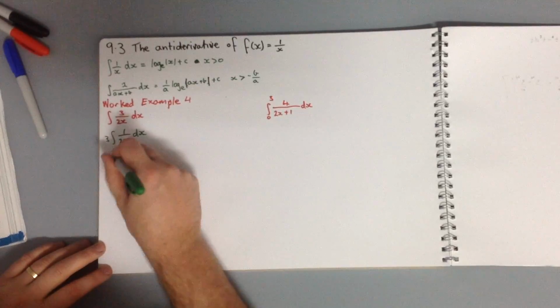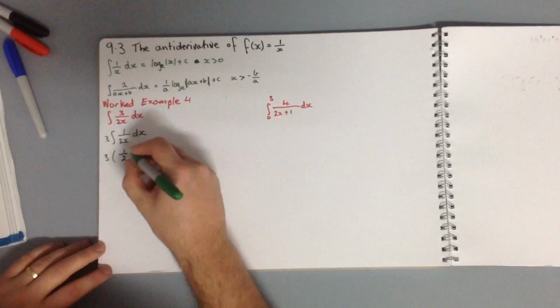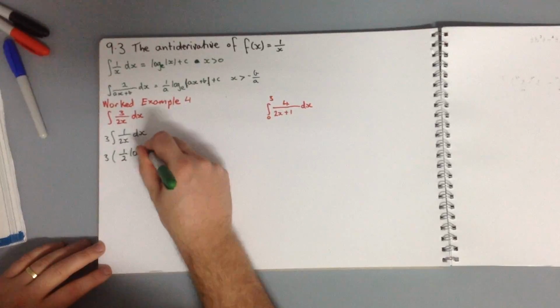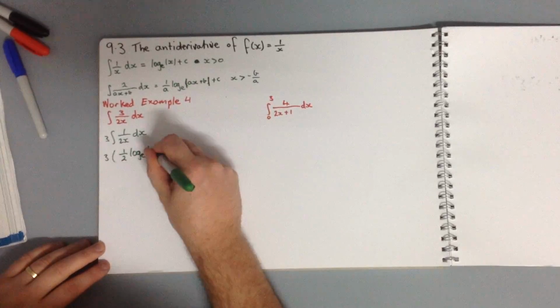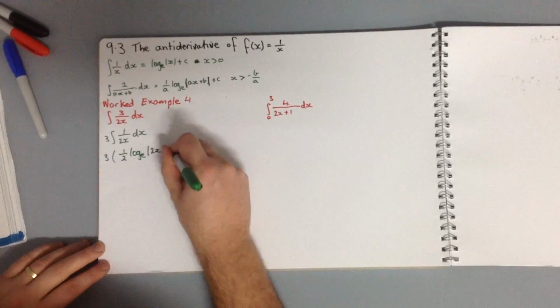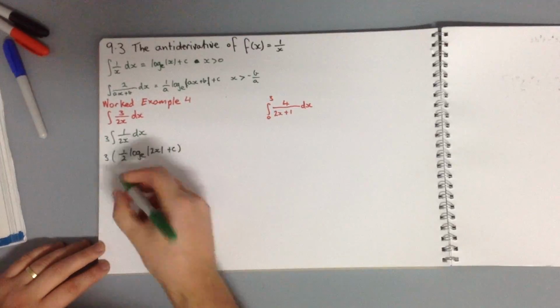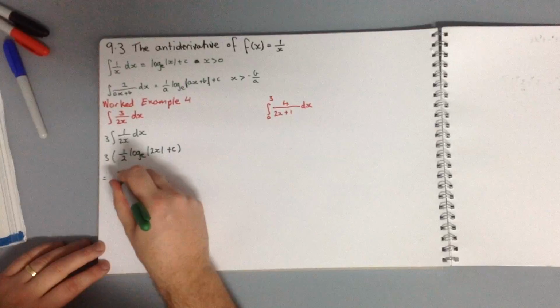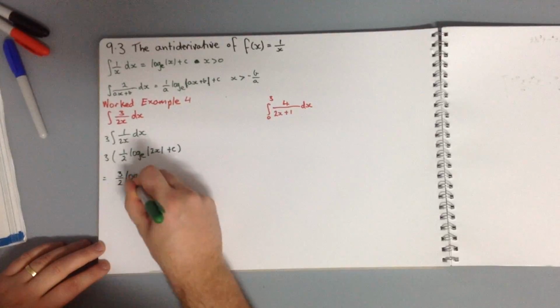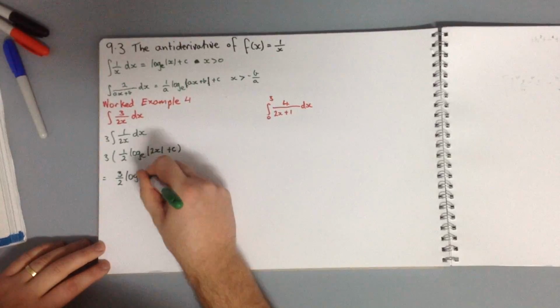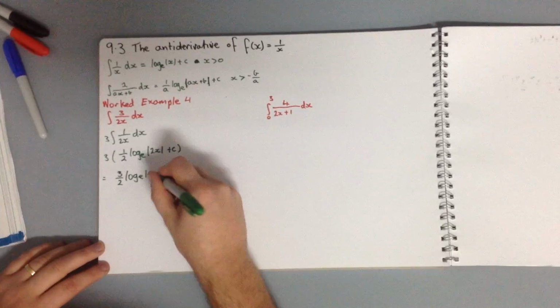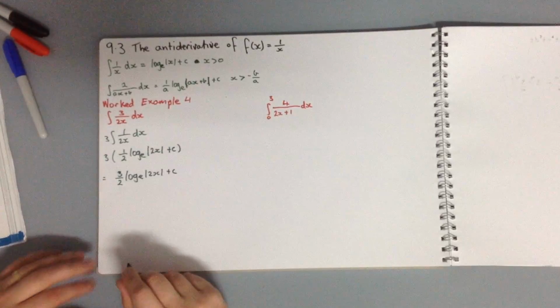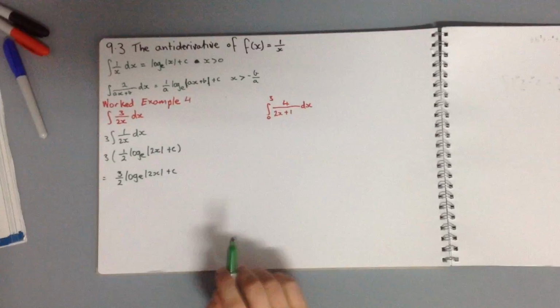So we have 3 outside of 1 on 2 log to the base e of the modulus of 2x plus c. Multiply back through by our 3 and we get 3 on 2 log to the base e of the modulus of 2x plus c. And that's all we need to do for that one.